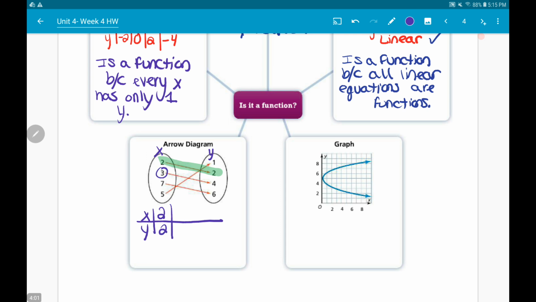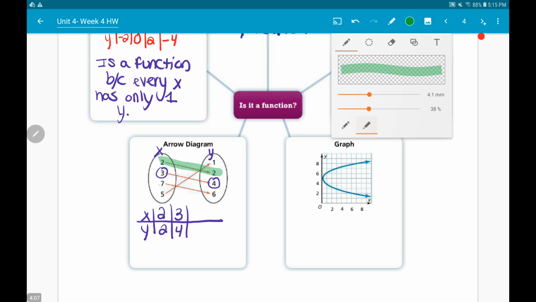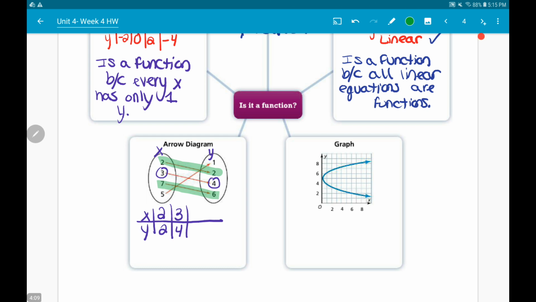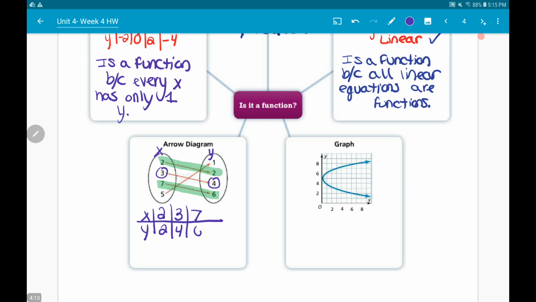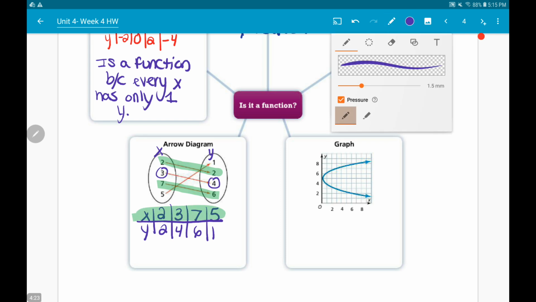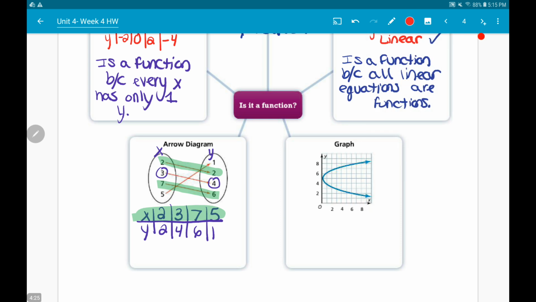Next one, I start at 3 and I end up at 4, so my next coordinate is 3, 4. And then I look at the next one, 7, 6. Then the last one, 5, 1. I scan my x's. Do any repeat? Nope. So then this is a function.